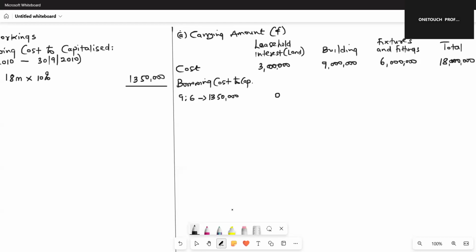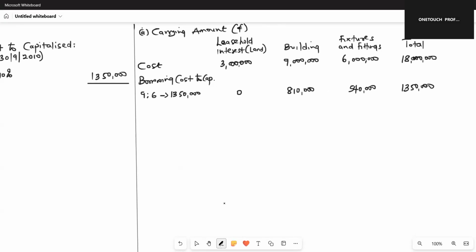Building 9/15 times 1,350 will give us how much? 810,000. Fixtures and fittings, 540,000. Total, 1,350,000. So this will give us the carrying amount on completion, right?